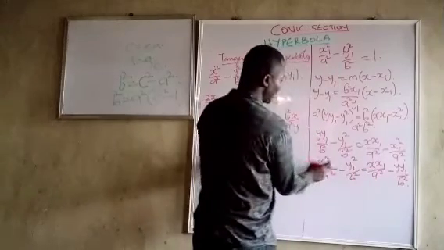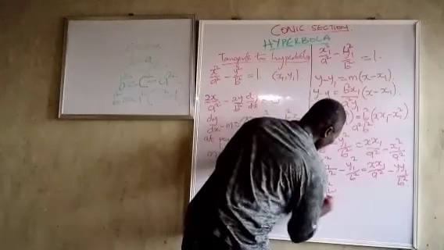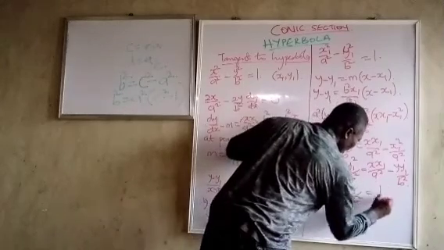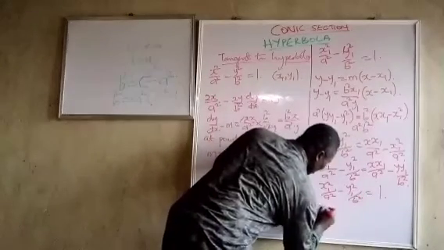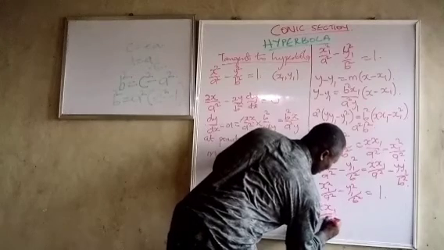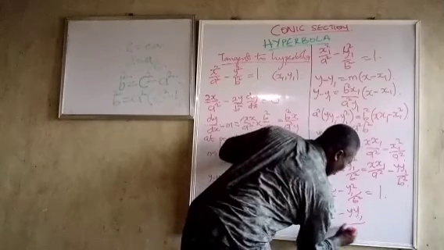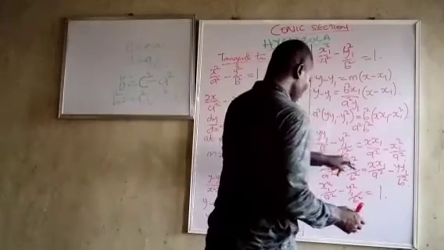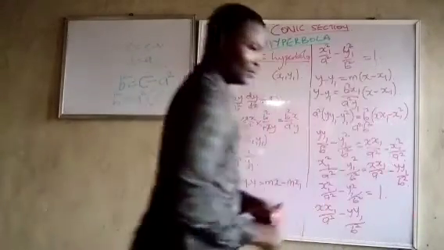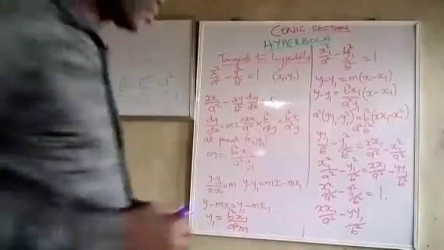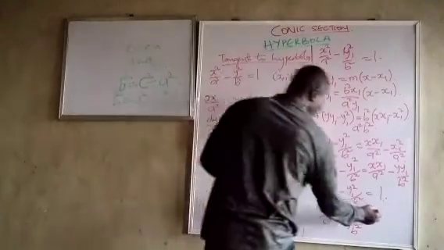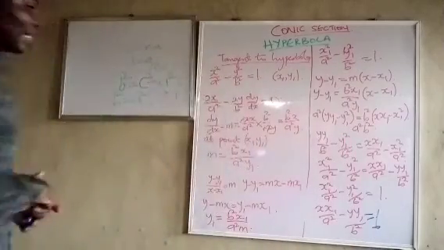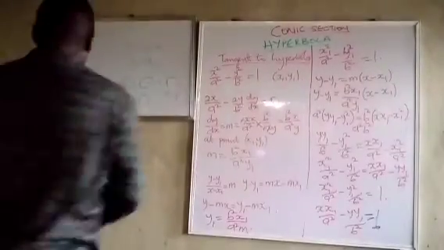Now, you know that x1 squared over a squared minus y1 squared over b squared is equal to 1. Therefore, the tangent equation is going to be x x1 over a squared minus y y1 over b squared equals 1.